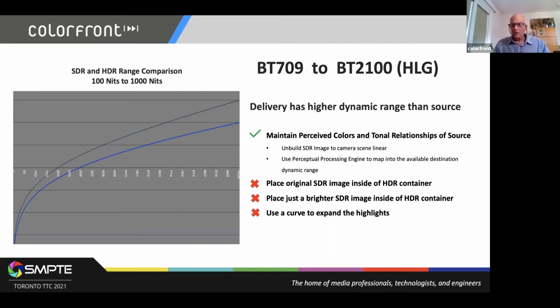And what we do is quite simple: we'll unbuild the SDR picture, go back to as close as we can to seeing linear, and then we use our perceptual engine to map that linear image into the destination dynamic range and color palette. And now things look the same, and we actually have something that comes very close to what we'd have if we had the original HDR picture.